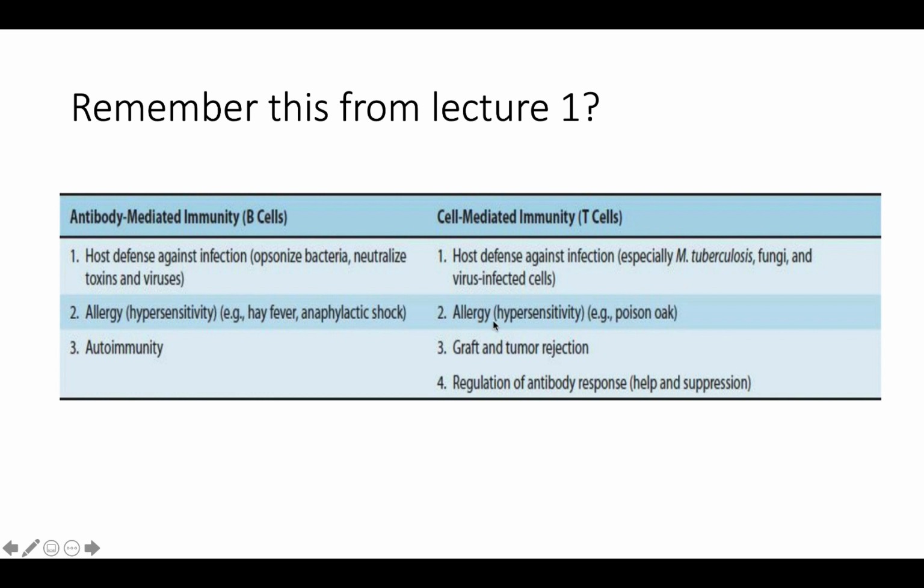And then we have more hypersensitivity reactions, so this will be our type 4 hypersensitivity. We have the graft, and here this is 1, 2, 3. This is number 4, which we will talk about later. Graft and tumor rejection, we talked about how we do that, by MHC1, and then regulation of antibody response. So this will be the T cell, the CD4 cell.